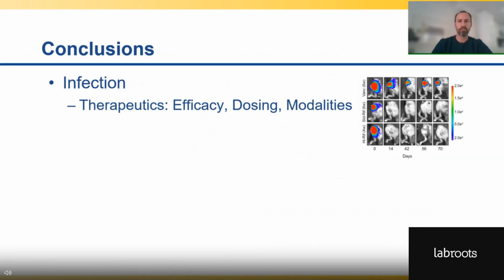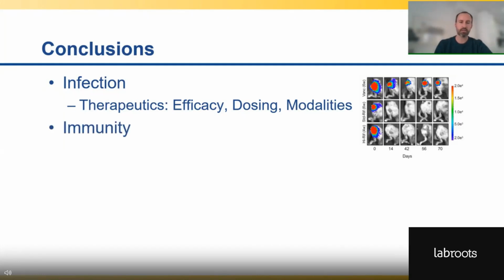In conclusion, we found that in our infection models, using in vivo imaging, we're able to test the efficacy of new therapeutics, such as antibiotics, also testing various dosing mechanisms to understand which may be beneficial, and lastly, different modalities, such as antibiotic-coated implants, to see what effect they have on infections.